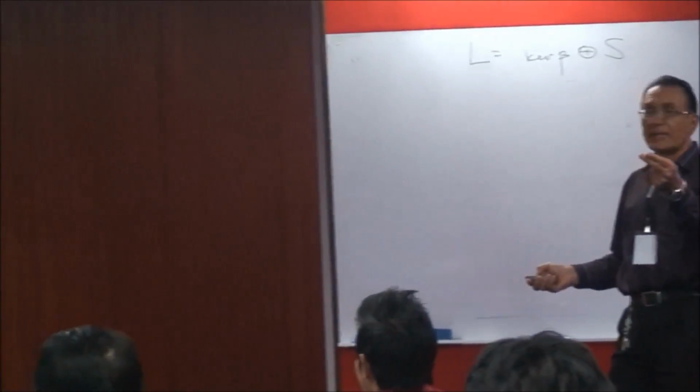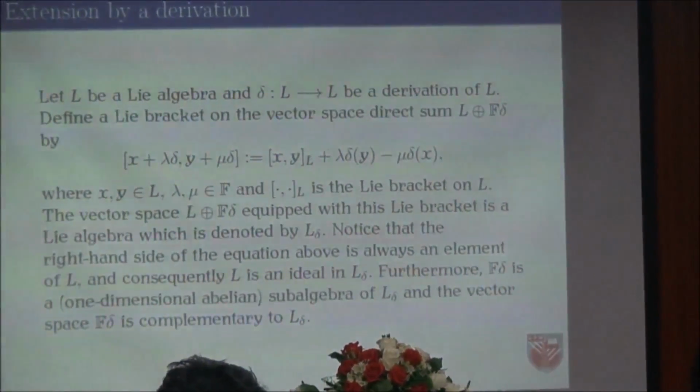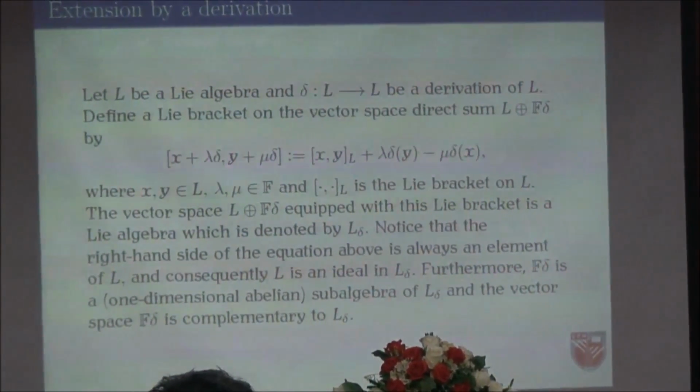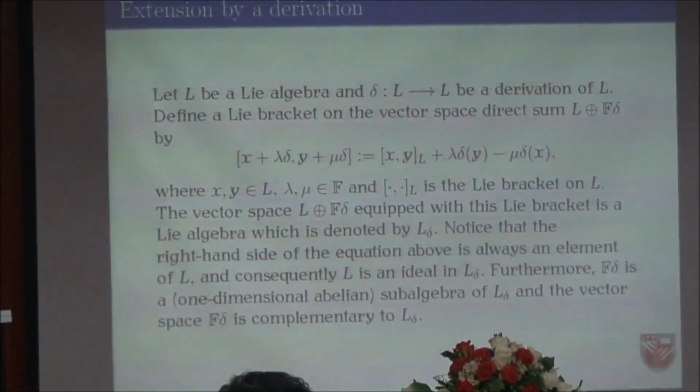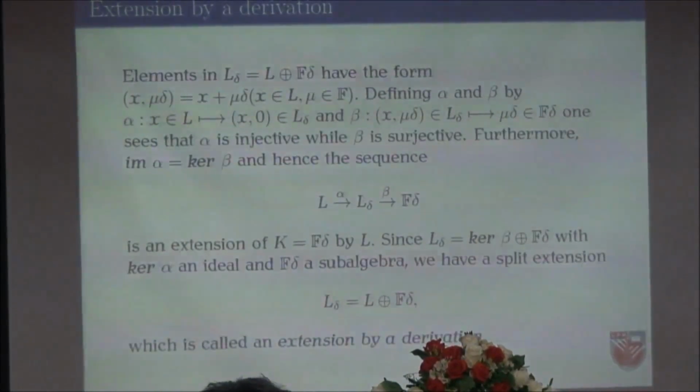So the dimension of L delta is dimension L plus 1. So in such a way, you can increase the dimension of your algebra. Here also you can define alpha and beta accordingly, similar to that previous example. So this extension L delta is called extension by derivation.